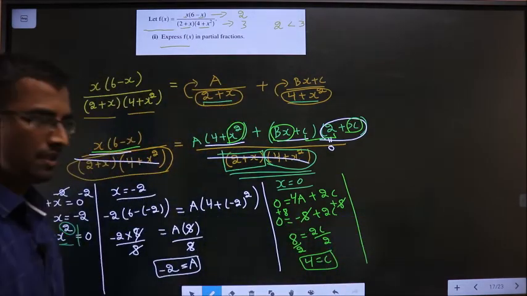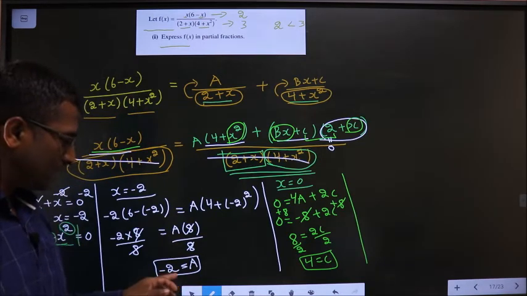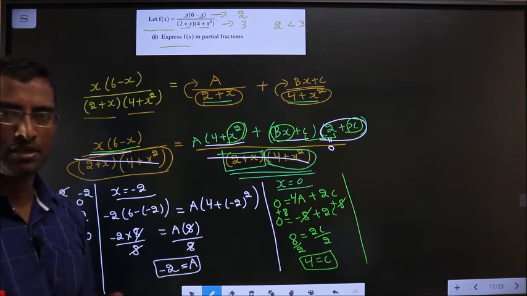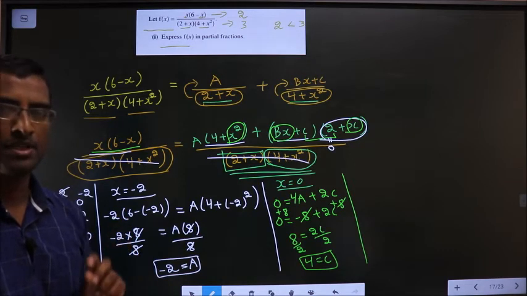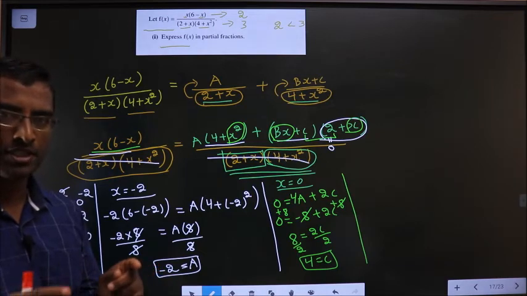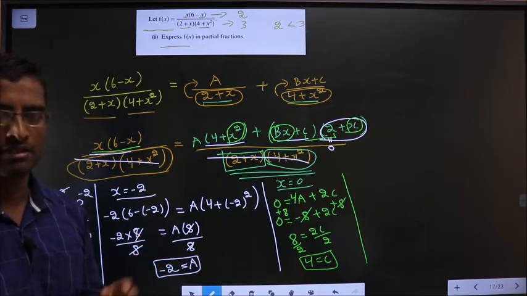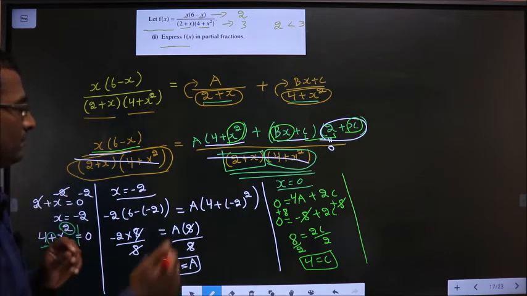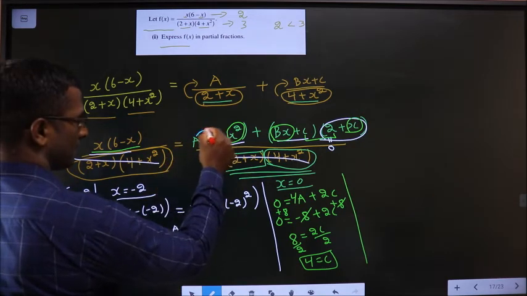Okay. Now I should get the value of b. To get the value of b, I should compare coefficients. Remember this point. Whenever you want to compare coefficients, first you should expand the brackets or open up the brackets. What I mean is, see here. Open up in this way.